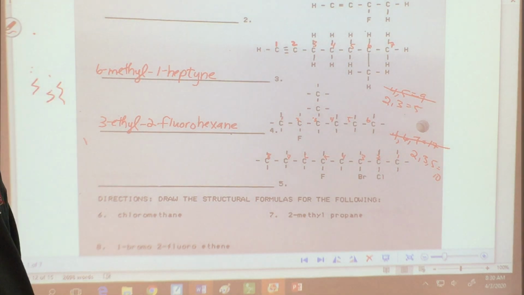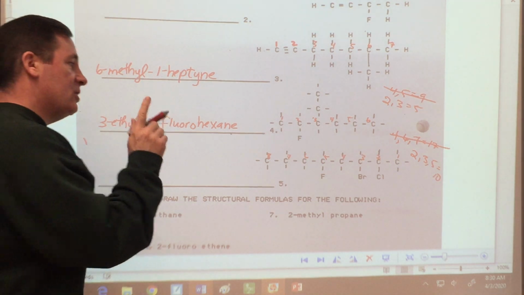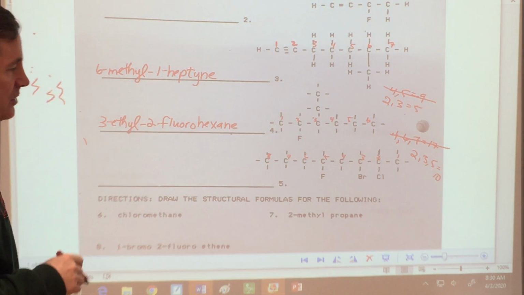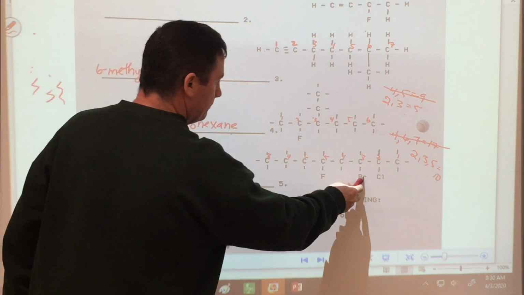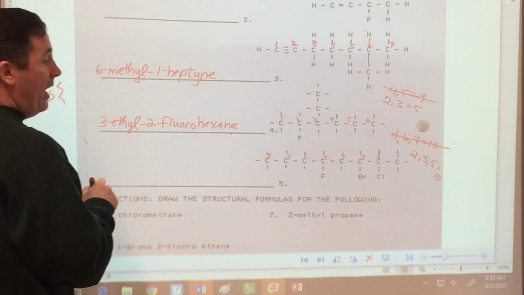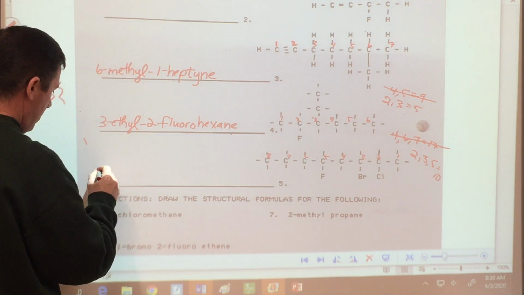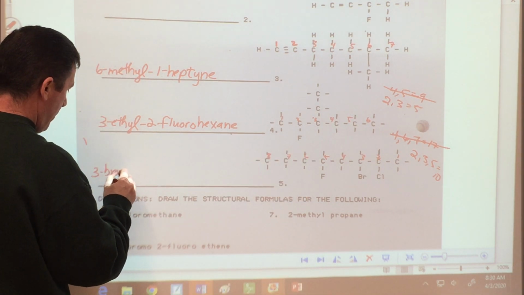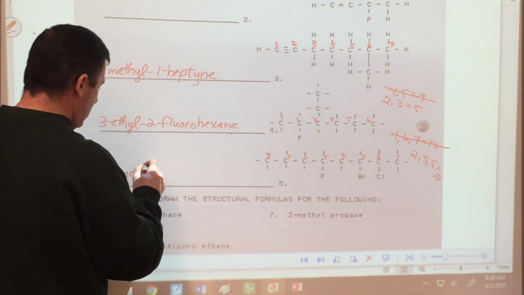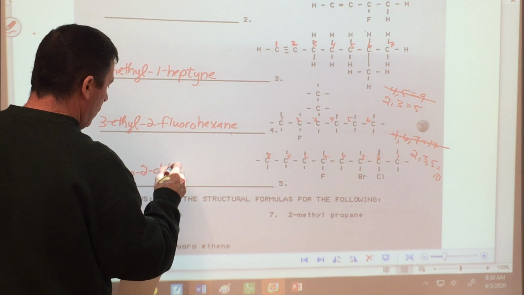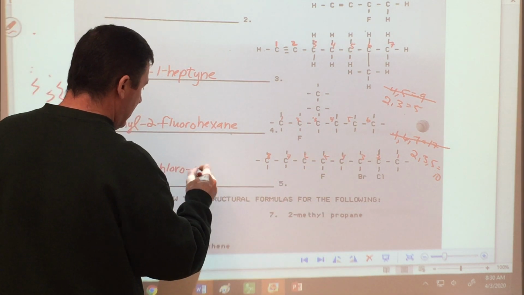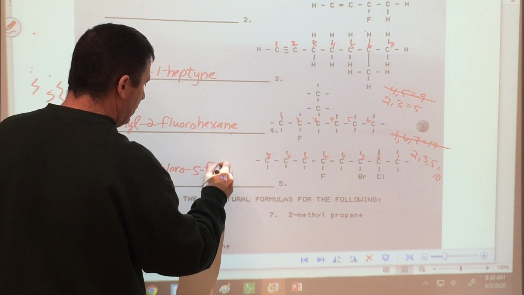Now, remember, with the substituents, I have to use my alphabetic rule. So what comes first? B comes before C, which comes before F. So 3 bromo, 2 chloro, 5 fluoro.